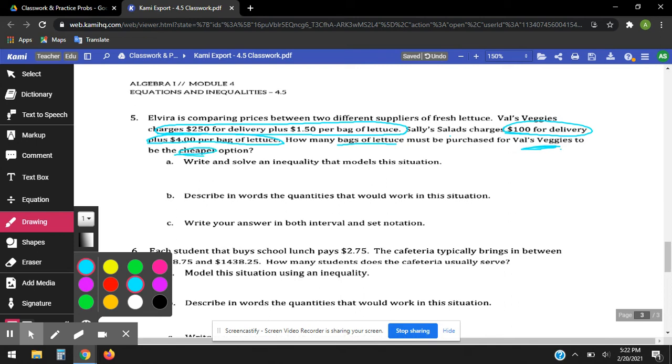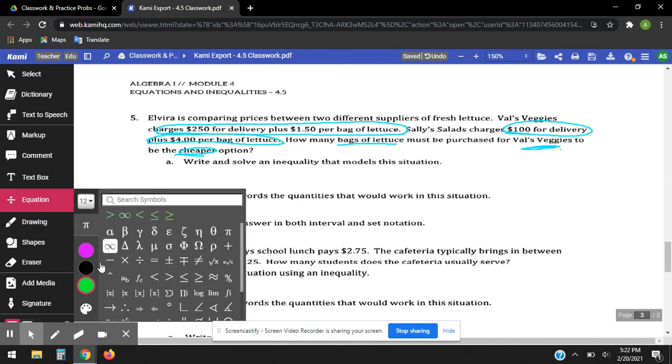So we want Val's to be cheaper. Okay, let's write and solve an equation. So we are going to start with Val's, which is $250 for delivery plus $1.50 per bag. So we'll use B. We want his to be cheaper.